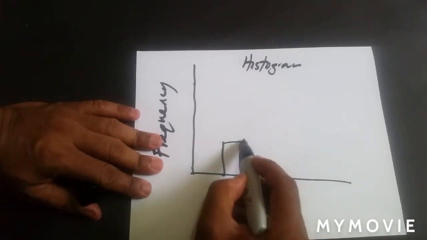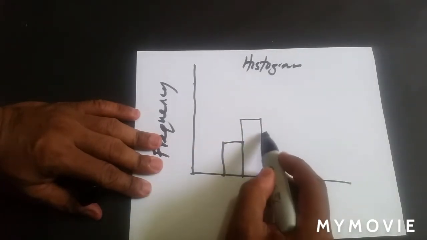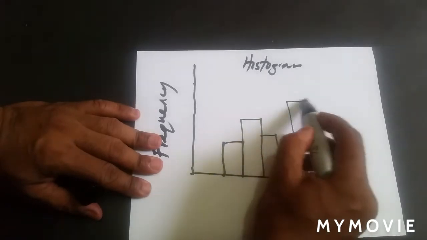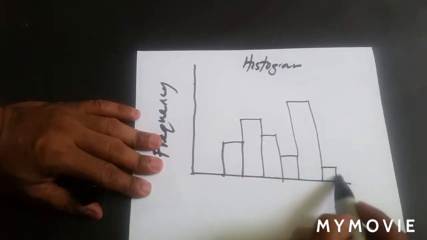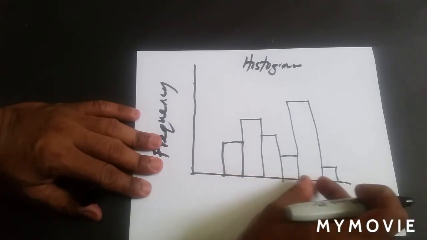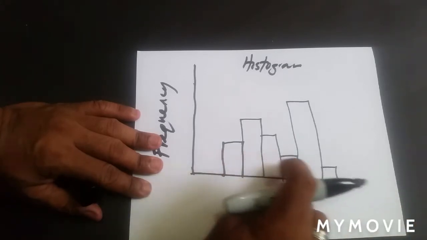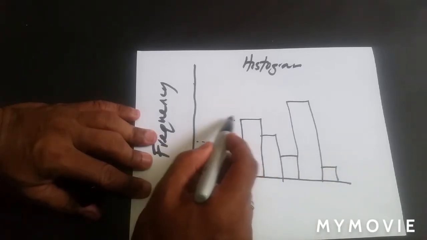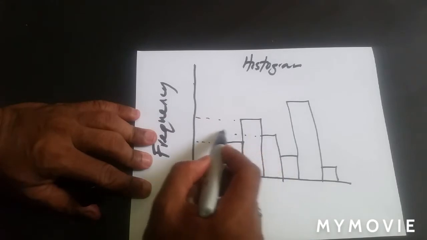Now also with the histogram, there are bars that are essentially joined together. So with the histogram, we have bars that are joined together where they're of the same width, all right? They're attached to each other, and the frequency represents essentially the height of each bar, okay?